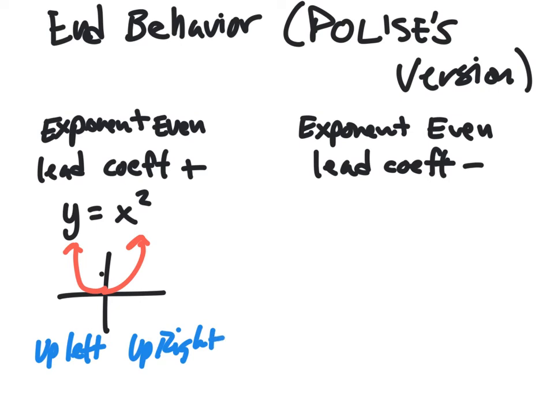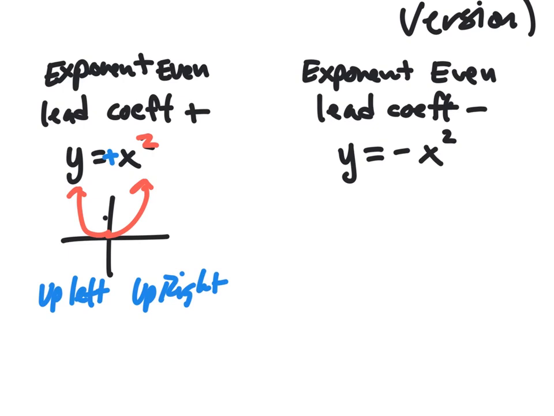So if this number here is positive and your exponent is even, it's always going to do that. On the contrary, if your exponent is even and your leading coefficient is negative, then that would be the equation y equals negative x squared. All that's going to do is have that graph open down, and your graph is going to look like this.